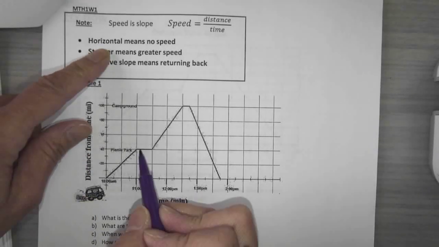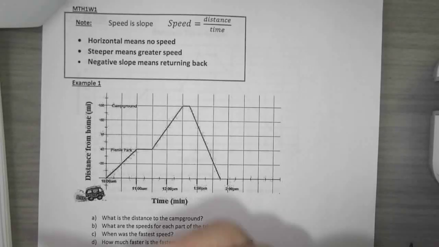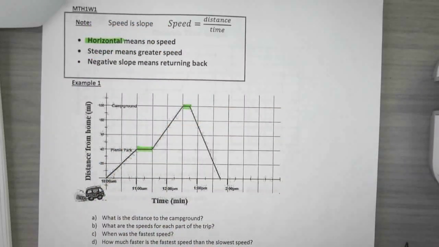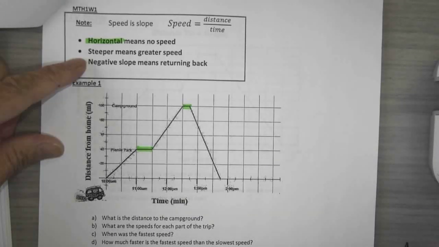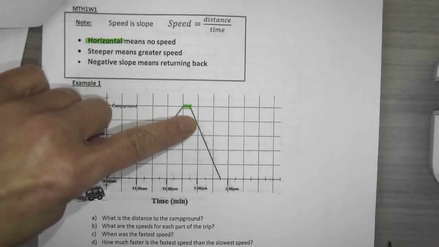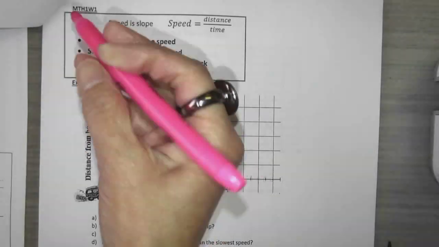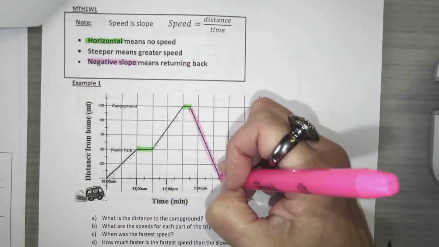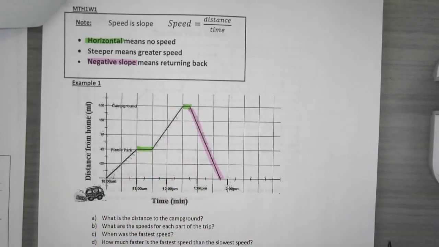Here, again, horizontal means there's no speed. So this part here, when it's horizontal, means that you're standing still. They're not moving. A steeper line means it's a greater speed, and a negative slope means you're coming back. So this negative slope means you're coming back to the starting spot.